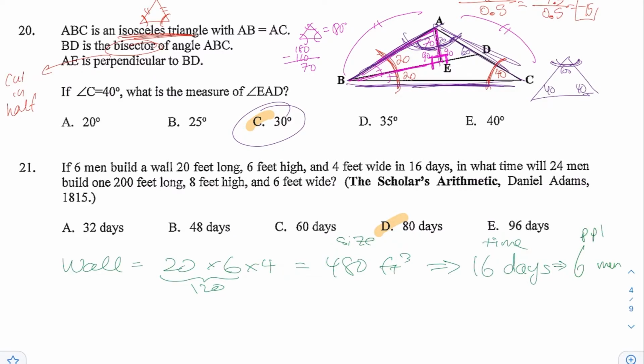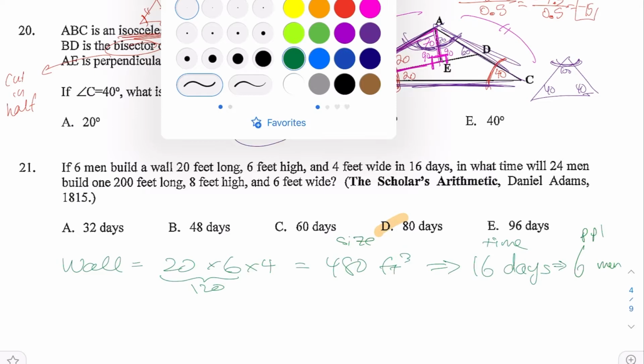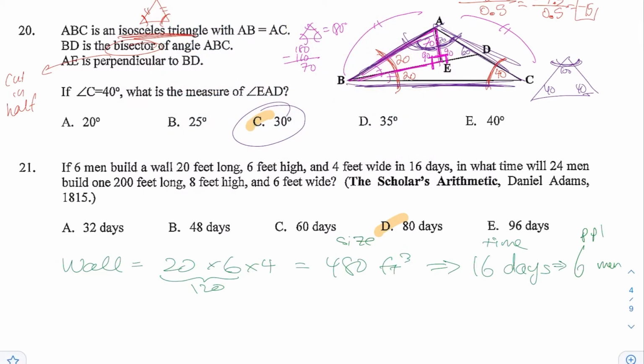So a couple things are directly proportional. Some things are inversely proportional here. To figure out the size, for example, you want to turn this 480 into this volume, which is 200 by 8 by 6, which is 200 times 48, which is 9600.